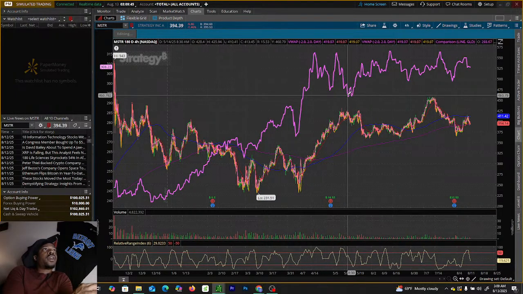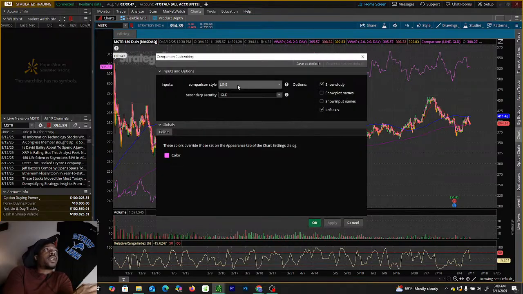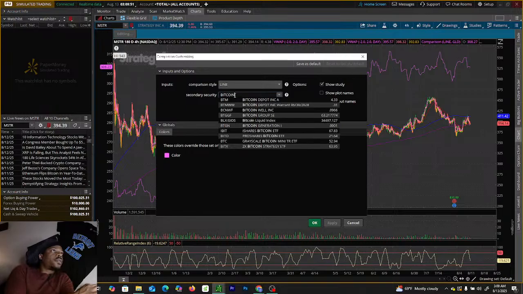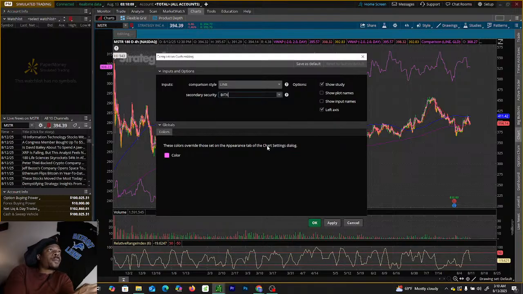MSTR and Bitcoin are correlated. They don't have the price of Bitcoin on here.